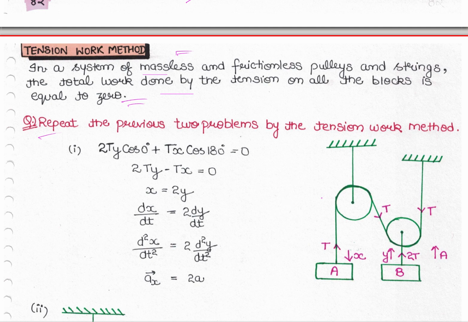So in our first problem, it has a diagram like this. This is the mass A, this is the mass B, its tension is T, this is the tension T, this is the tension T, and if this mass moves a distance x, and this mass moves a distance y along this direction, we can write 2Ty cos 0 degree plus Tx cos 180 degree is equal to 0, or 2Ty minus Tx is equal to 0, or x is equal to 2y.